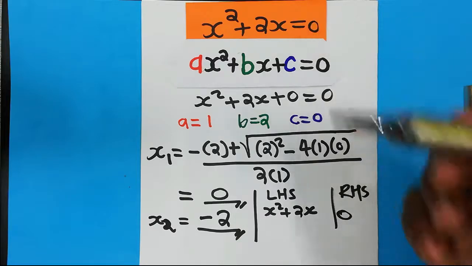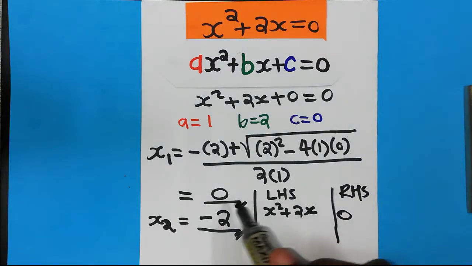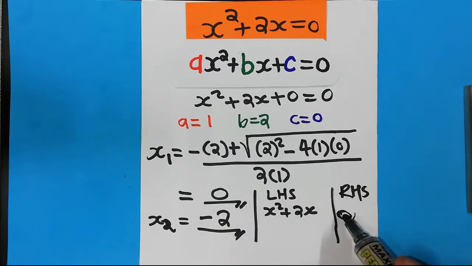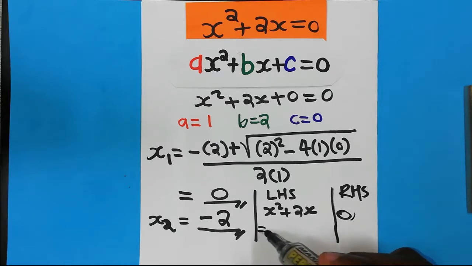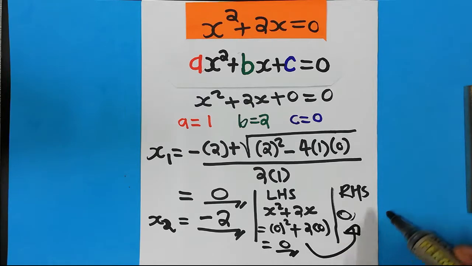All right, so I'm going to replace the value of x here. If I get 0, then it means my answer is correct. So when you replace x with 0, the answer that you're going to get is 0, which is the same as the one that is on the right-hand side.